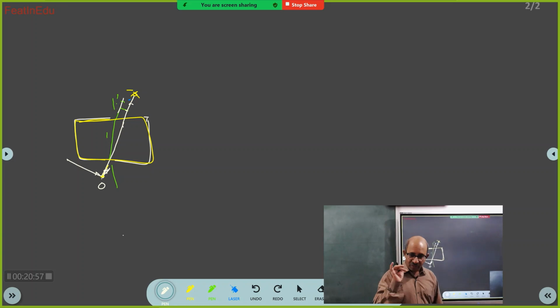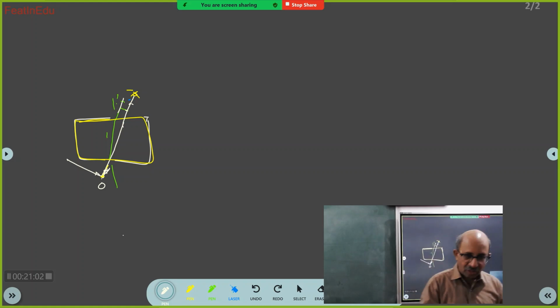So when we keep a piece of glass or some different optical medium in between the object and your eyesight, then the emergent ray will shift its position along the edge of the optical medium, as you have seen here.